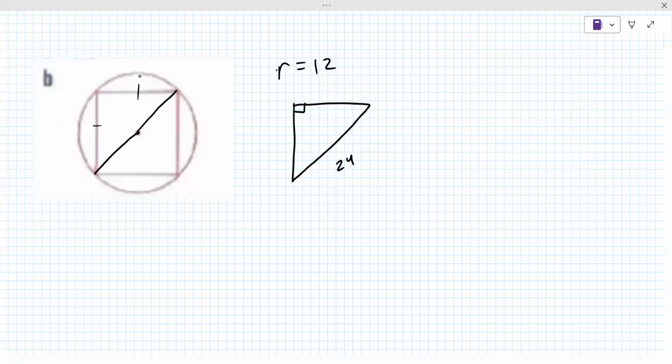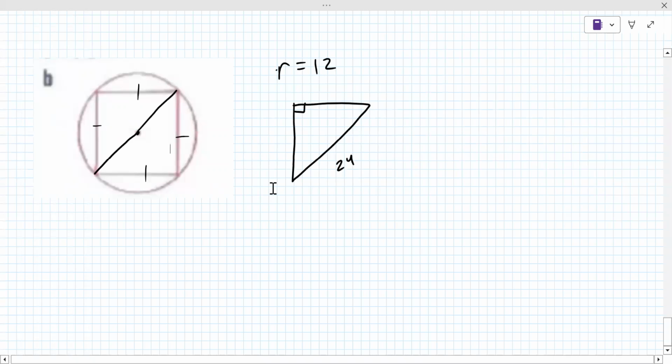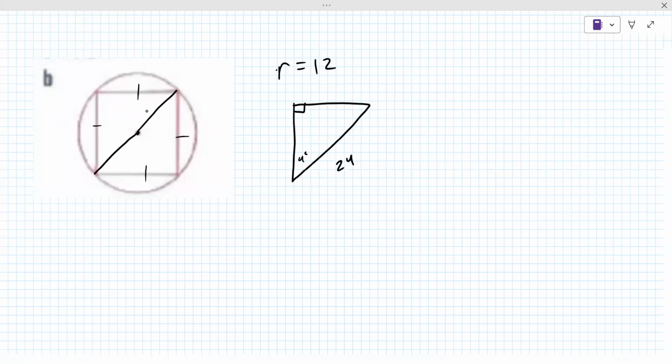What do we call that in the square? A diagonal. Diagonal, good. And this produces a 45, 45, 90 triangle, which you can again find the side lengths from.